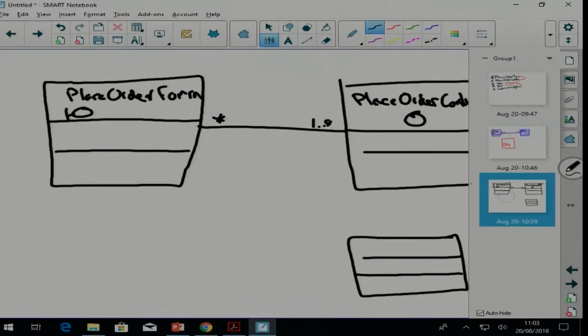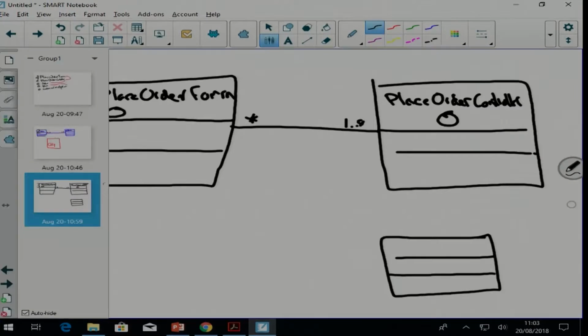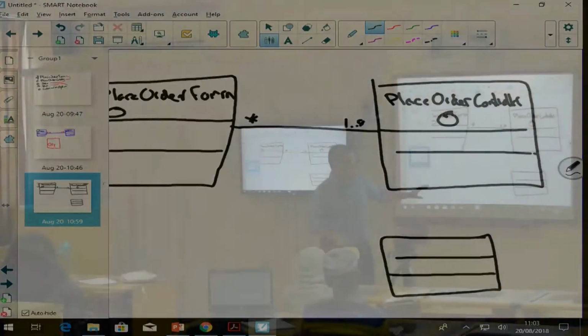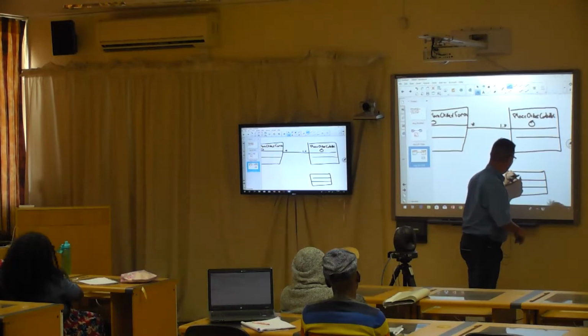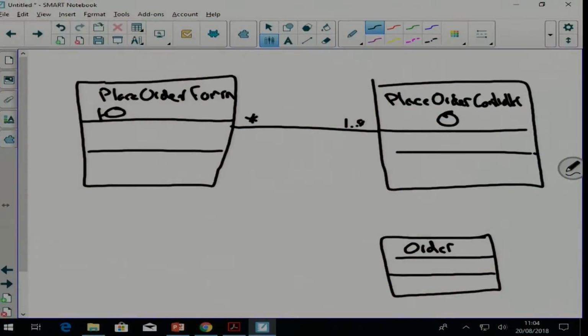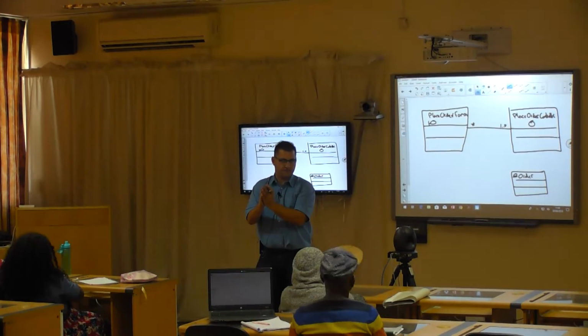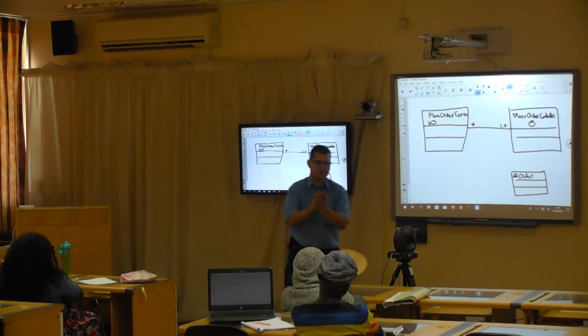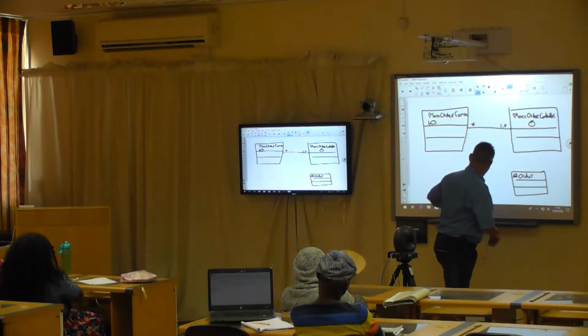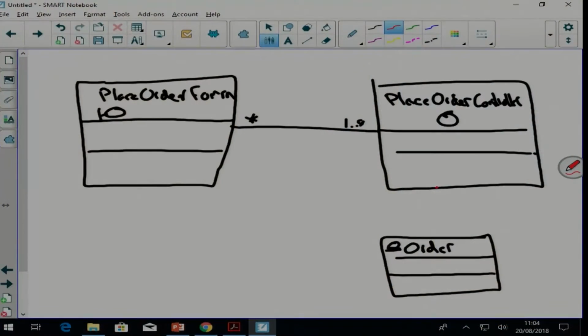Okay, so in our diagram, we can expand this, and we can have our controller to other classes. If we just take the order, what are we seeing there? What would be the relationship? So the relationship very easily is going to be controller to order, multiplicity.